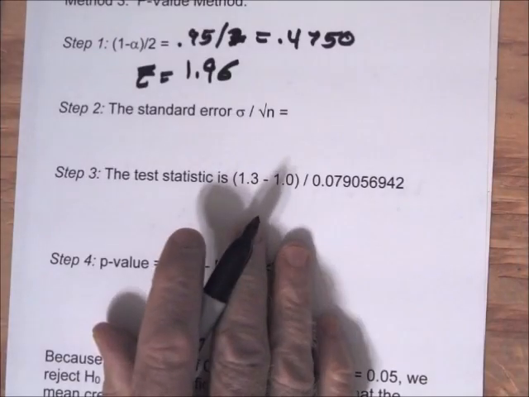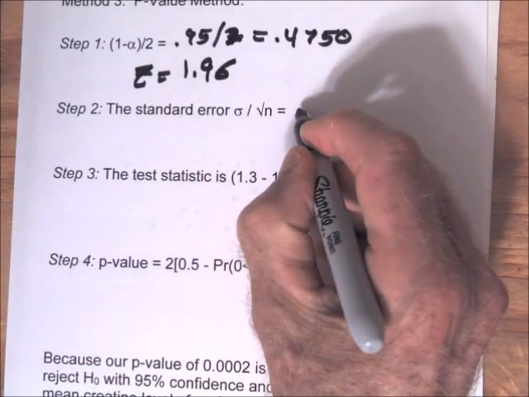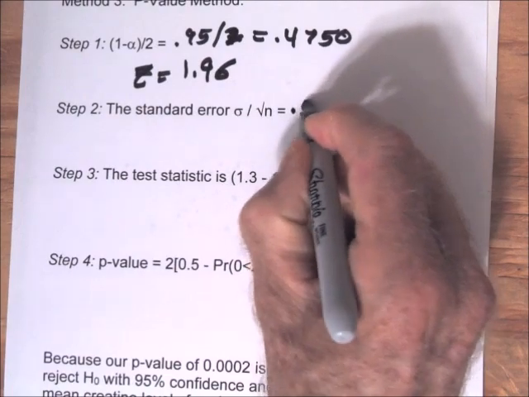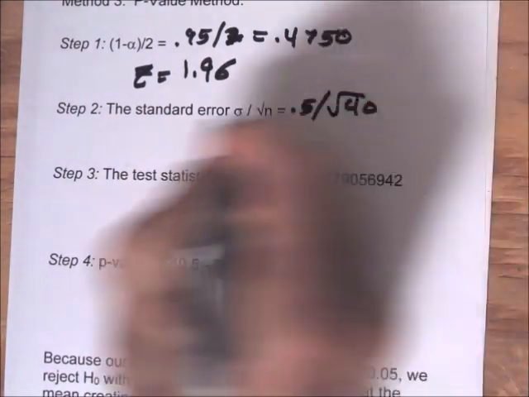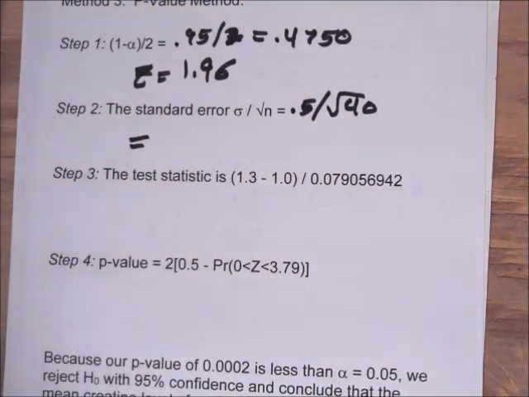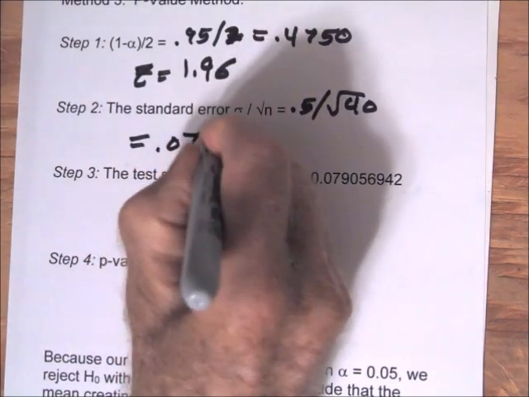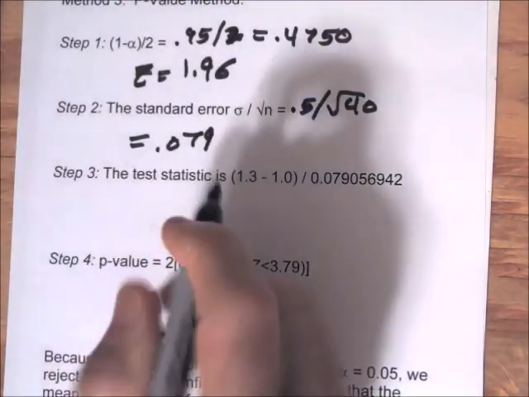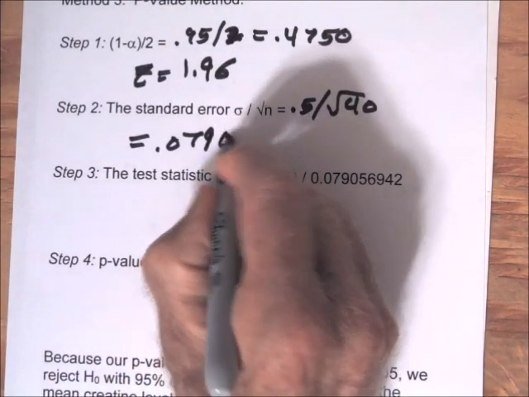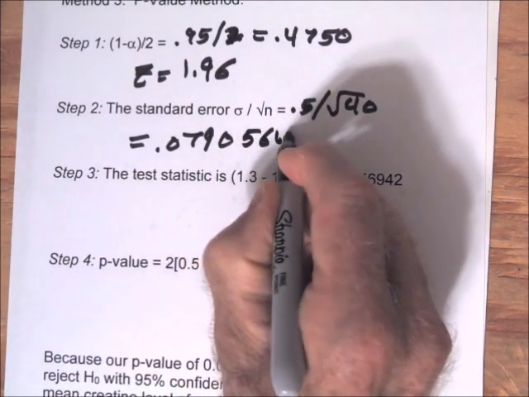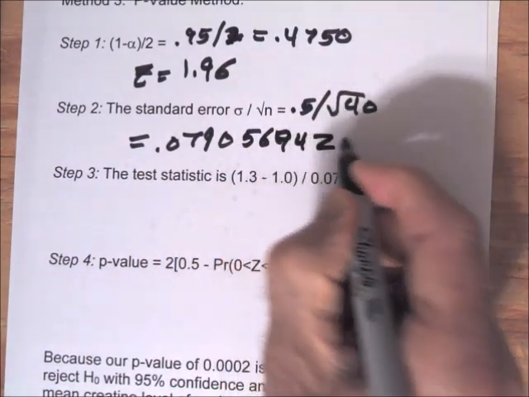And the standard error, same as it was before, is sigma over square root of n. So it's 0.5 over square root of 40. Same as before, that was 0.079 something, 5, 6, 9, 4, 2.